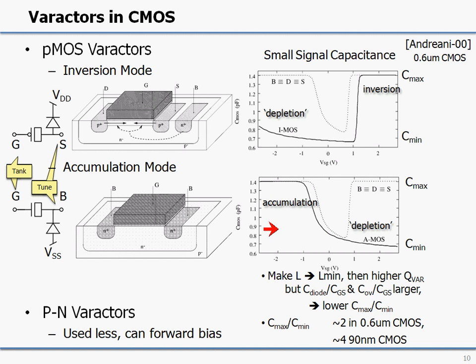However, if we bias the gate at a high voltage and the source at a low voltage, then electrons from the source, from this N plus, will go under the gate and will create an accumulation layer, and we get again a high capacitance. So we can switch again between a Cmax and a Cmin value.